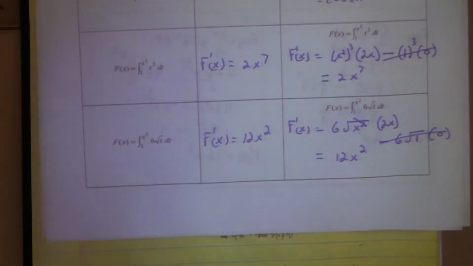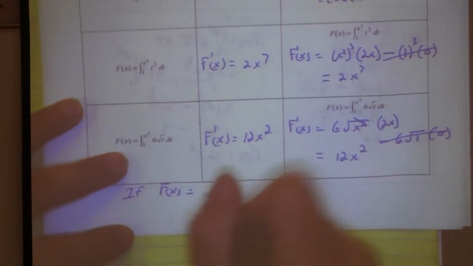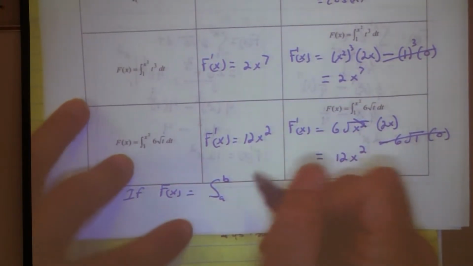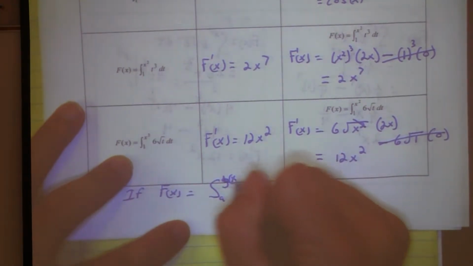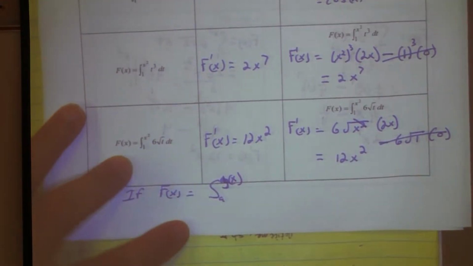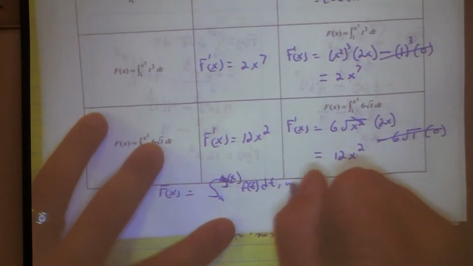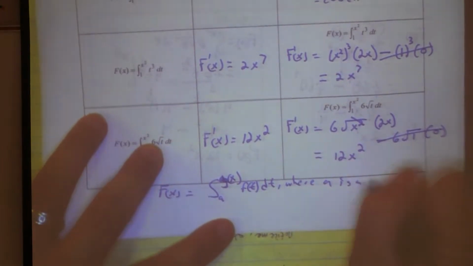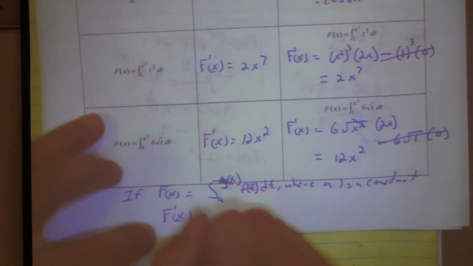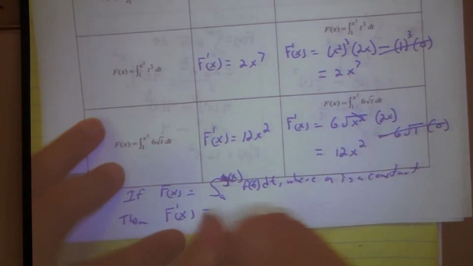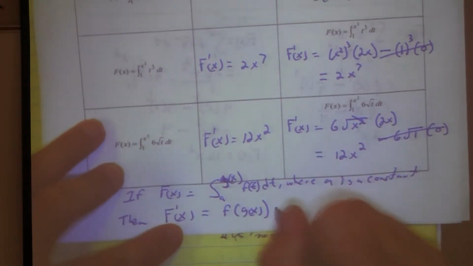Good? So down here at the bottom, let's put that little note. So if capital F of x is equal to the integral from a to, actually let's not put b, let's put g of x, from a to g of x of a little f of t dt, where a is a constant, then we can say capital F prime of x is equal to little f of g of x times what?